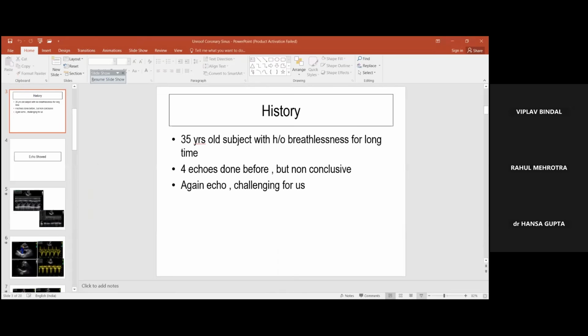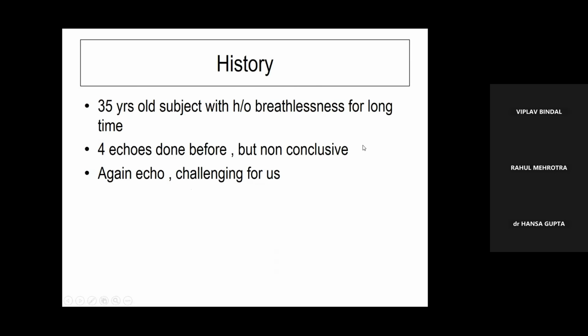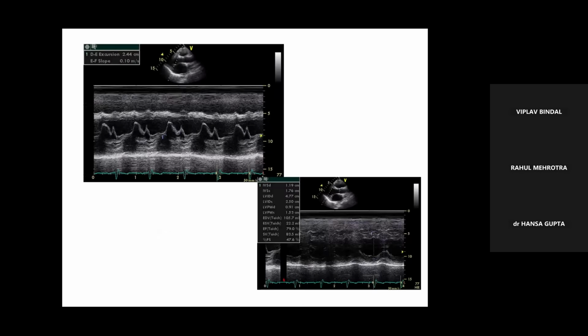This was a 36-year-old lady presenting with breathlessness for a long time. Four echoes were done outside, and they were all non-conclusive. We did an echo again, and it was really challenging for us.